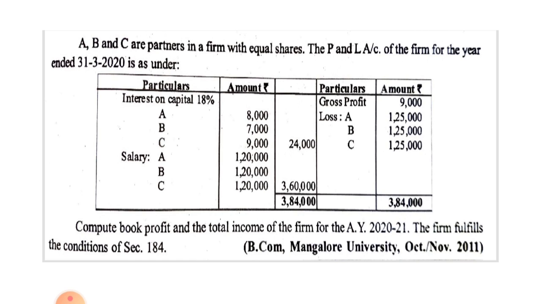In the previous session, we discussed about calculation of book profit, and before that we studied about the format of calculation of book profit and total income of the firm. As per that format, from the net profit you have to deduct disallowed items. Disallowed items means items which are not considered while calculating the book profit.